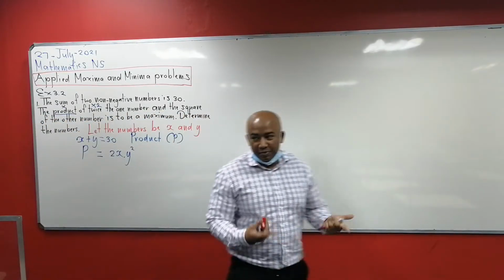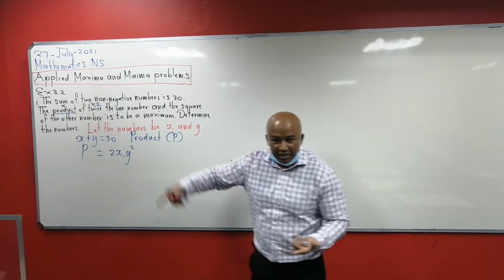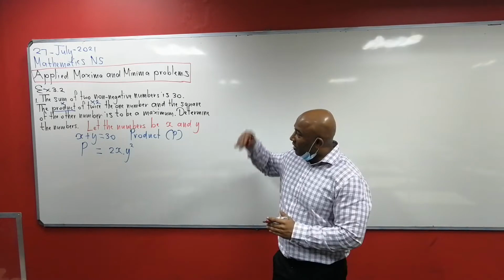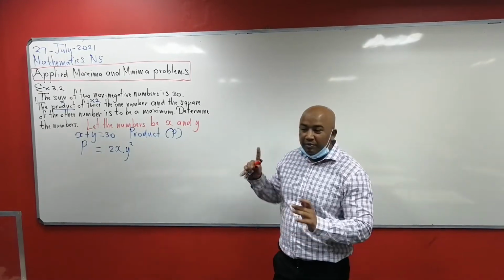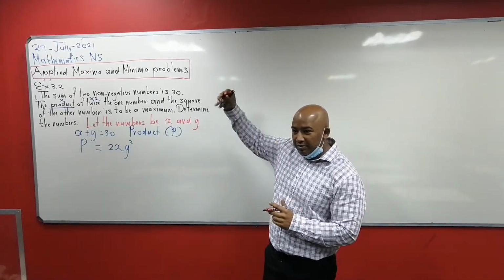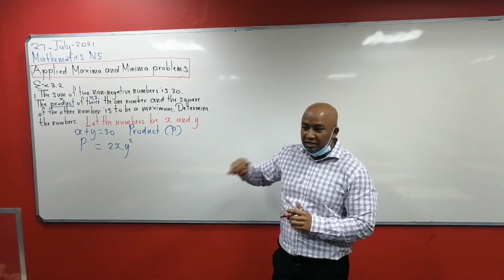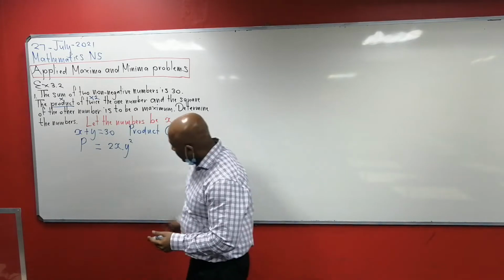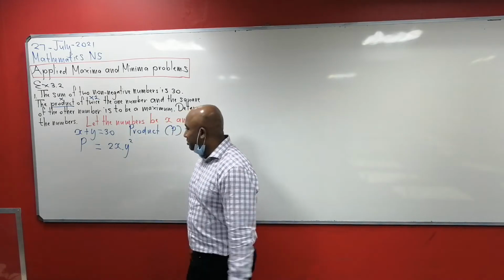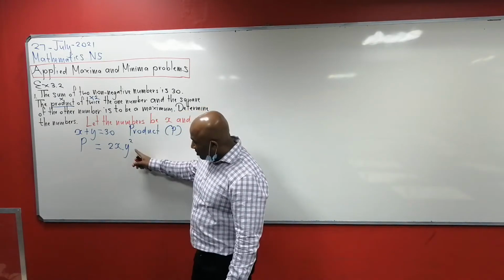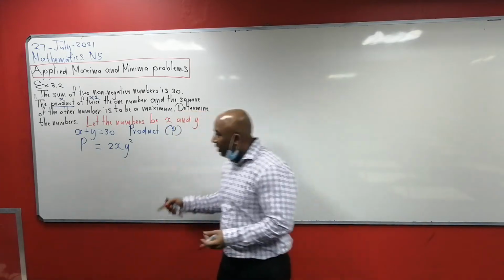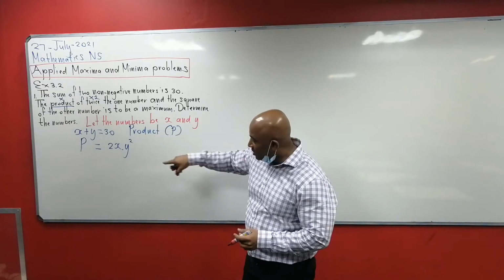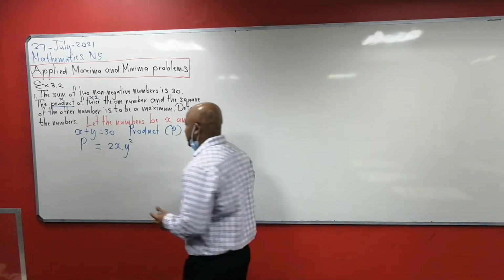So how will it be a maximum? We need to differentiate. We need to find the first derivative, and if you remember turning points, at the maximum or the minimum turning point, the first derivative is equal to 0. So now I got P is equal to 2x times y squared. I can make y the subject of the formula in equation 1 and then substitute into the second equation.